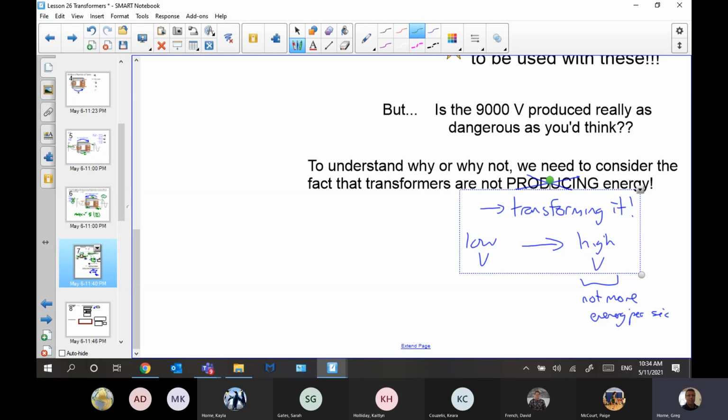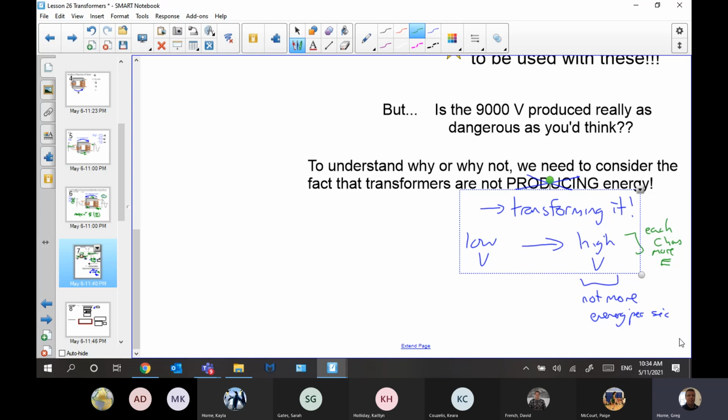If we relate it back to what we understand about current and so on, you can put here that each coulomb carries more. Each coulomb has more energy. So if we say we can't possibly have more energy than we started with, and each coulomb's carrying more energy, what does that mean about the electricity in that secondary coil?